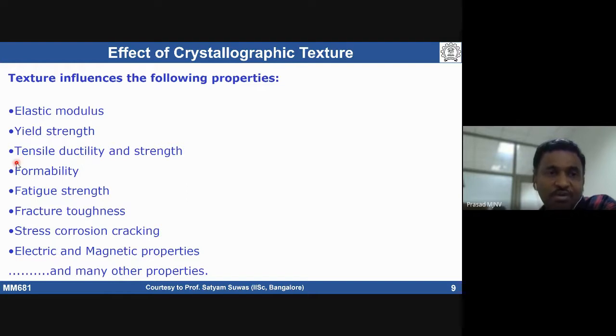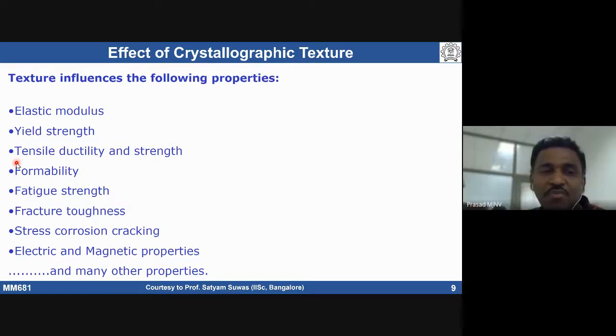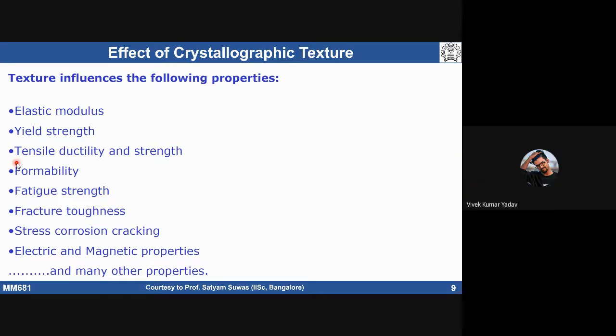Formability. If you talk about formability, can anybody give an example where texture is going to influence formability? If a sample is textured or rolled, we need to anneal it or make it softer to form it or give it any mold or shape.